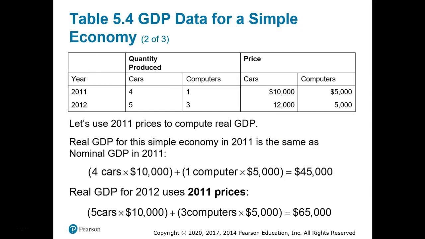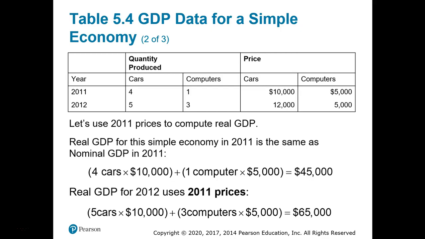If we look at the real, and we fix it to, say, 2011's prices, we didn't grow as much. Because if we just use 2011's prices, 4 cars times 10 and 1 car times 5, that still gives us $45,000, because 2011 is not going to change. That's our base year.